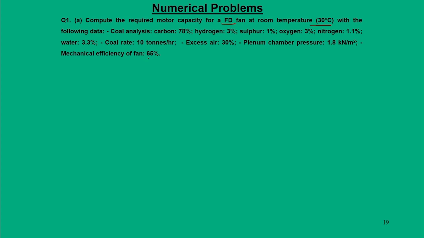So, basically coal is coming in from one end, which is the fuel, and for the coal the mass percentages are carbon 78%, hydrogen 3%, sulfur 1%, oxygen 3%, nitrogen 1.1%, water 3.3%, and the coal feed rate is 10 tons per hour, and we require air from the atmosphere which needs to be sucked into the system with an excess air requirement of 30%, and this should be used to burn the coal.